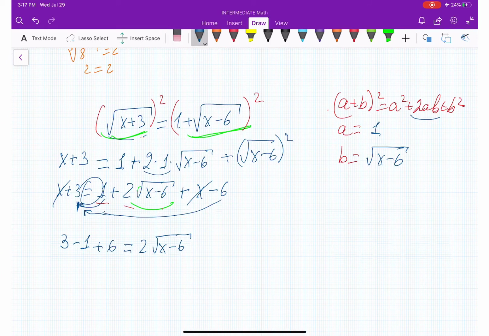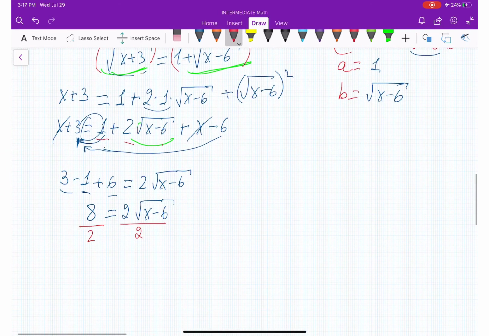So 3 minus 1, they are all like terms. 3 minus 1 is 2. 2 plus 6 is 8, is equal to 2 square root of x minus 6. Yes? Now, I can divide by 2 both sides. And I'm getting 4 is equal to square root of x minus 6.